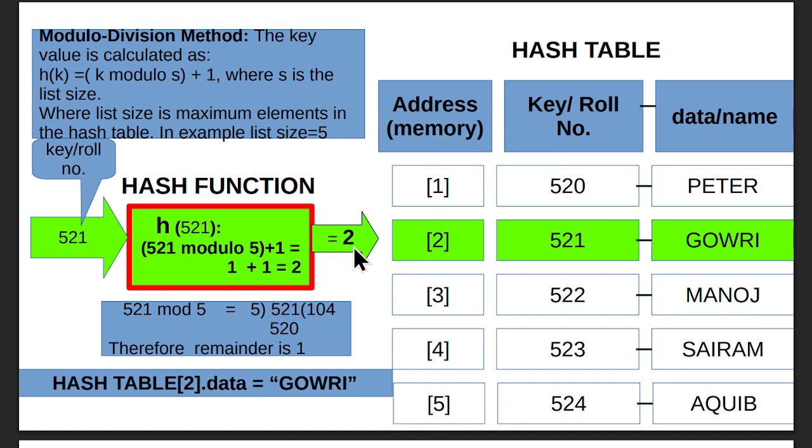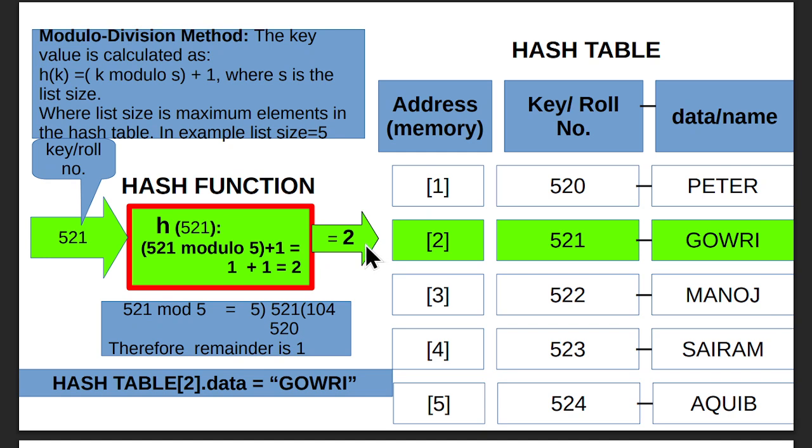So here, as a result of the hash function, we got the address value as 2. Therefore, we have indexed into 2, and we found the key value is 521 and the data associated with that key value. So this is how the hash will search. It's a direct indexing method.